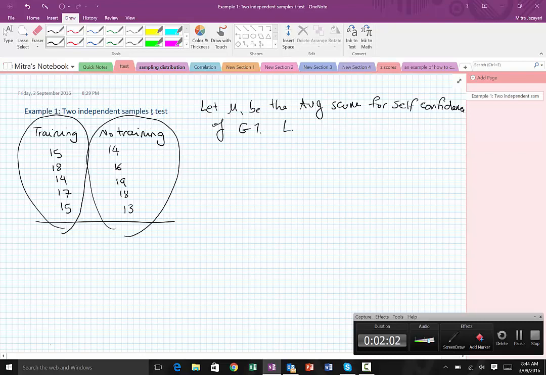Then you have to do let mu2 be the average score of self-confidence for group 2, and then in the null hypothesis we say mu1 is equal to mu2, and in the alternative hypothesis we say mu1 is not equal to mu2. So you can see that already the hypotheses are slightly different from one sample t-test or pair t-test.